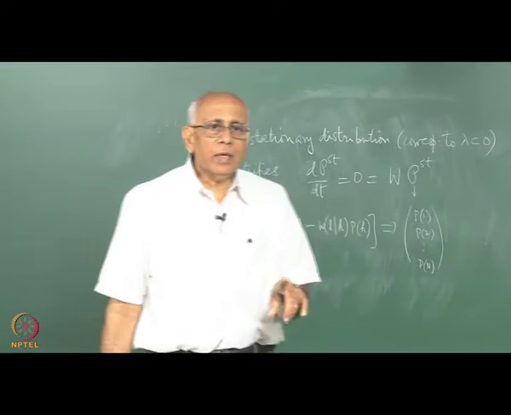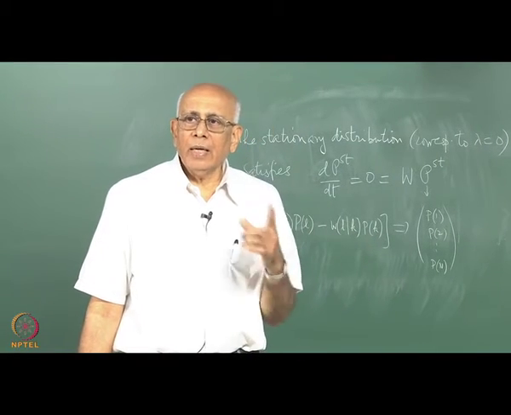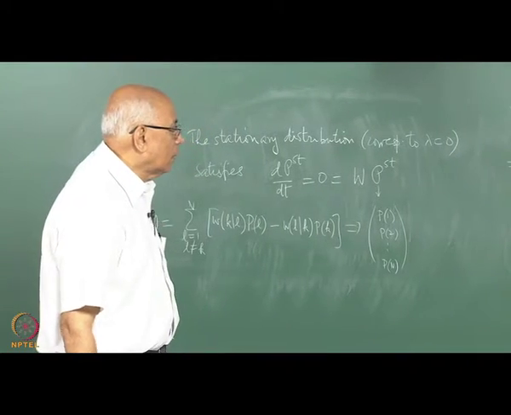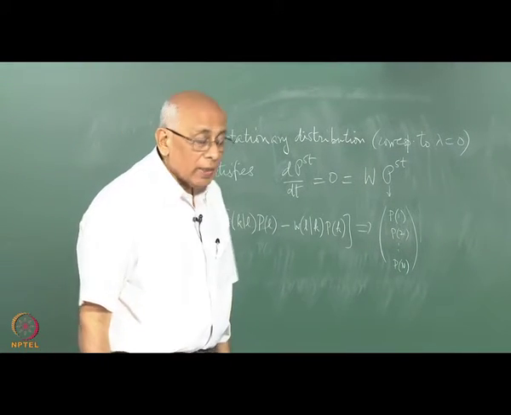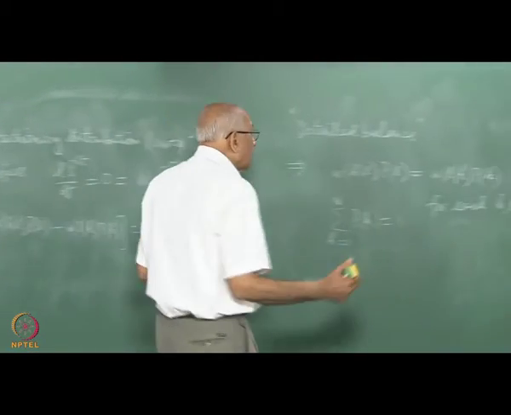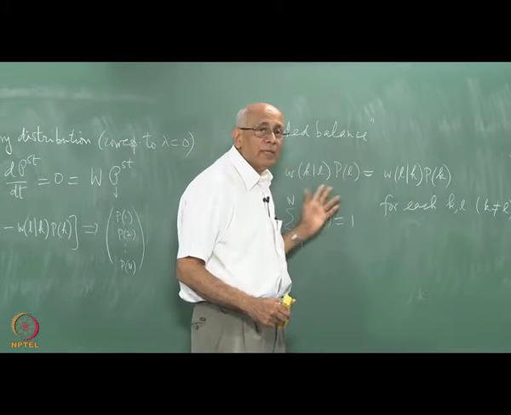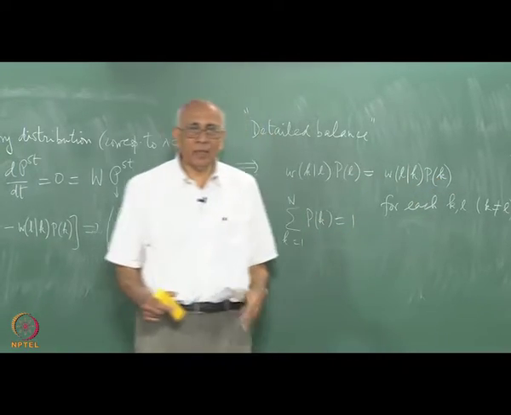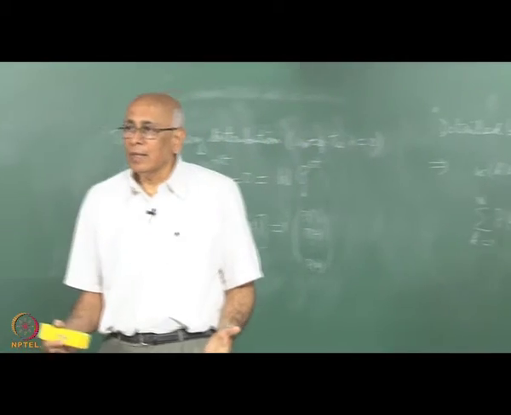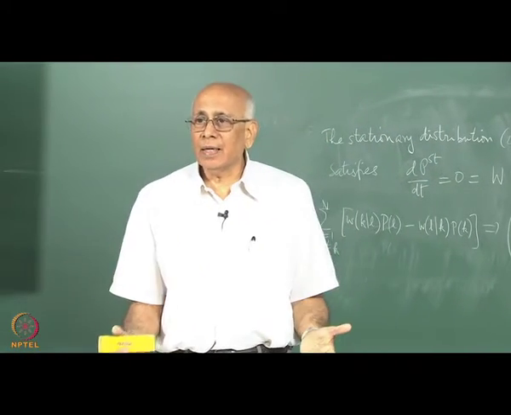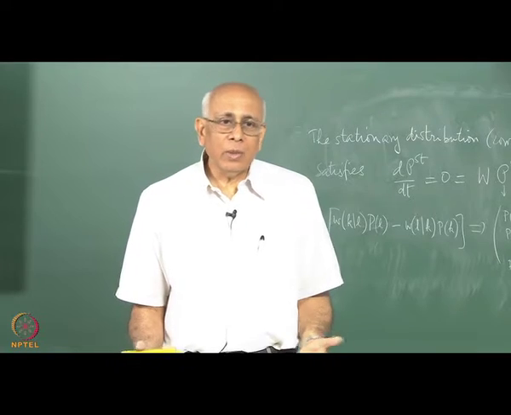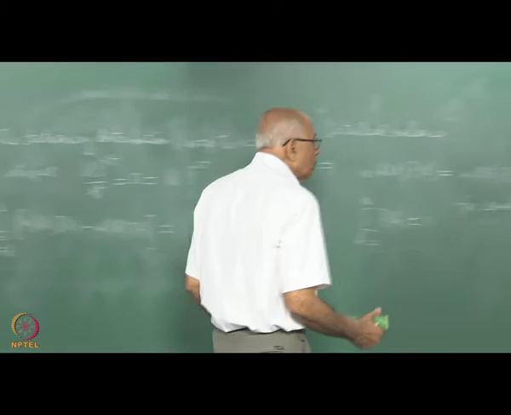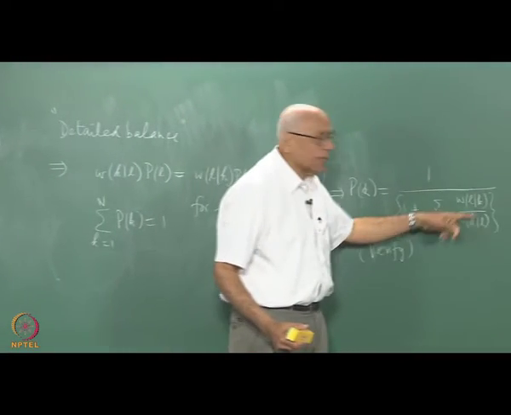What happens if the rates are all the same? The rate from L to K is the same as the rate from K to L. What do you think would happen? Now you are saying not only detailed balance, you are saying that this rate is equal to that rate. That tells us this must be equal to that. The probability distribution must be a uniform distribution. There are n states, you are in the steady state and each of them is equally probable. So what is the probability of any one of them? 1 over n, and indeed that is true, because if these rates are all equal, this cancels, gives you 1.